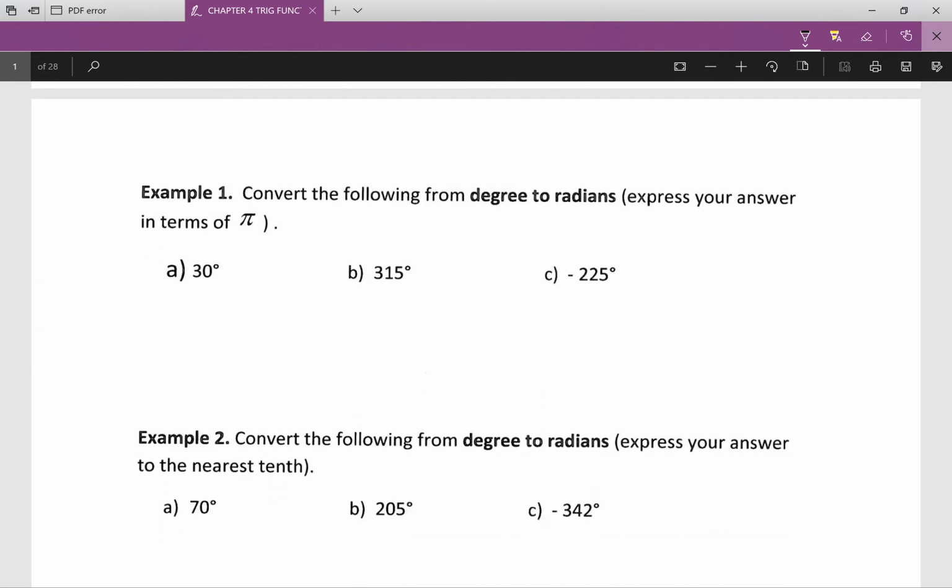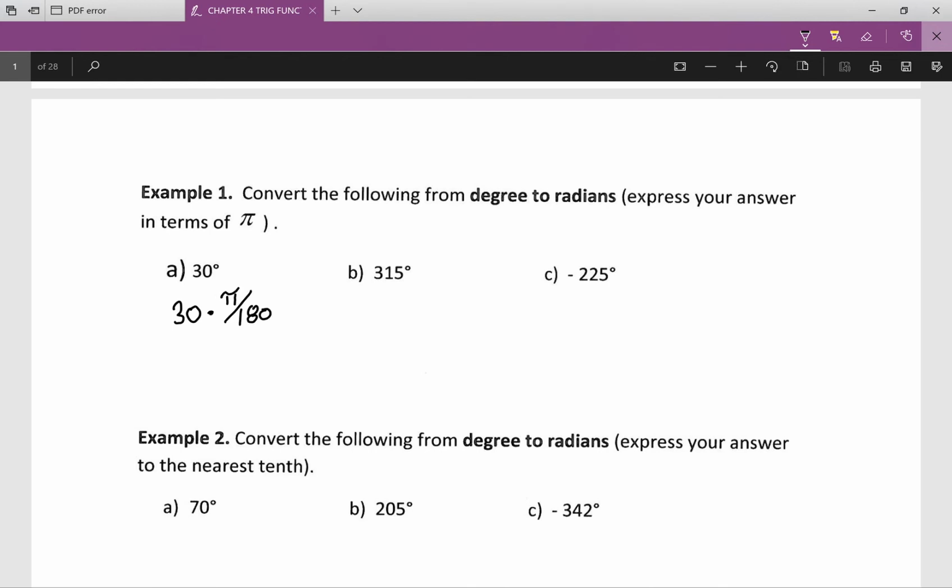Convert the following from degrees to radians, expressing your answer in terms of pi. So I want to take this in degrees and convert it into radians. So 30 degrees, and then I just multiply this by pi over 180.